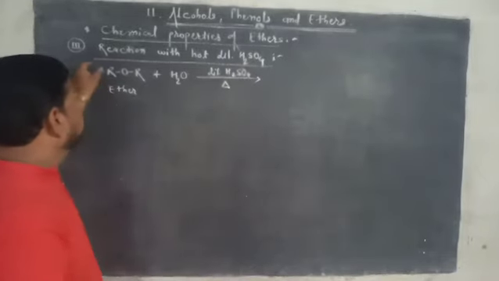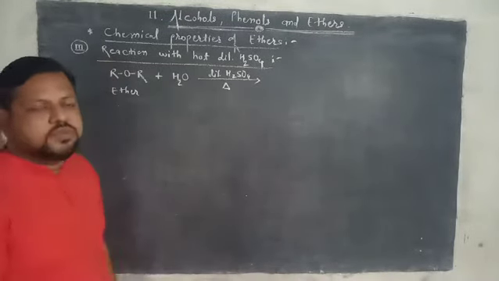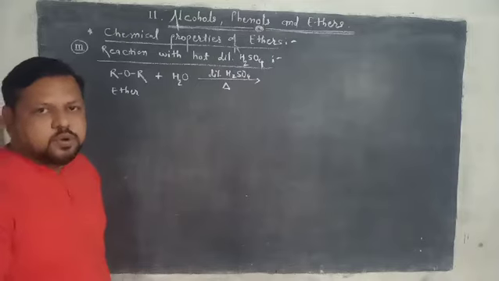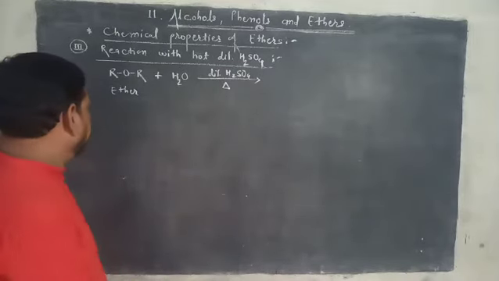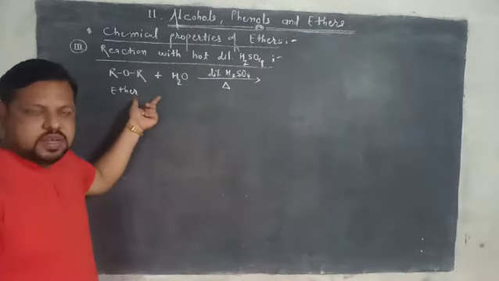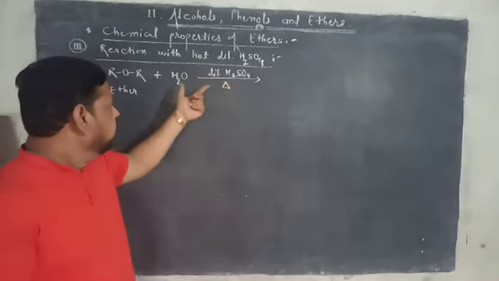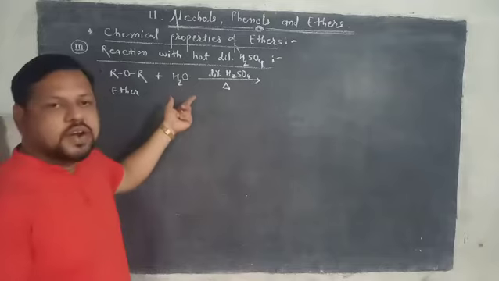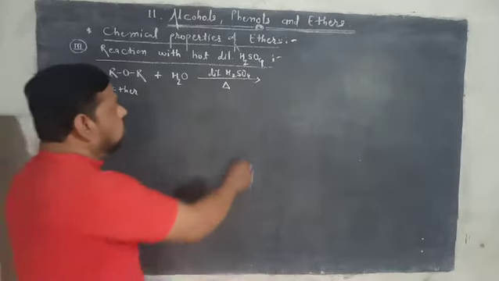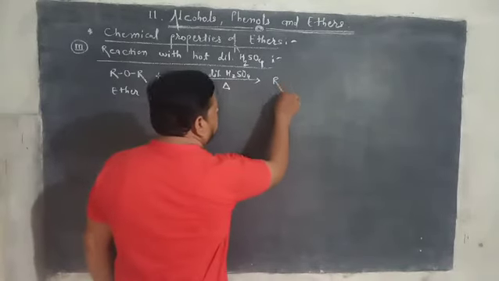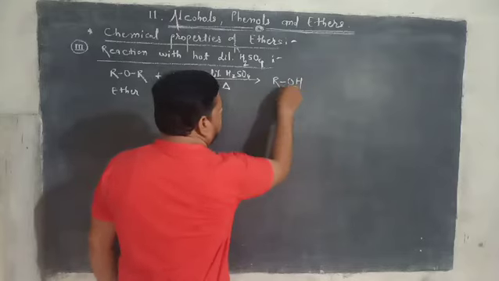Then the next chemical property, that is reaction with hot dilute H2SO4, sulfuric acid. See here, when ether is heated with dilute sulfuric acid, then it gets hydrolyzed to give alcohol.